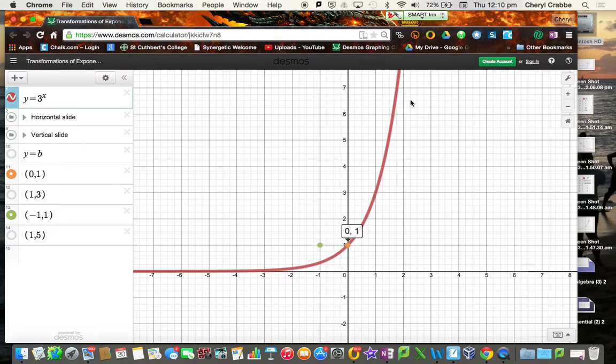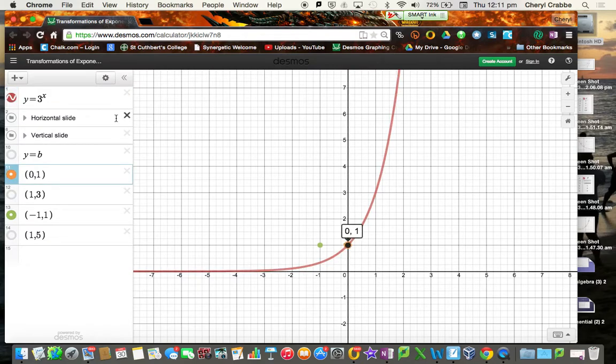We call this a growth curve because as we're going across the x-axis and increasing x, it increases very, very quickly. The features of an exponential graph are that the basic parent function of y is equal to anything to the exponent x is always going to cut through (0, 1).